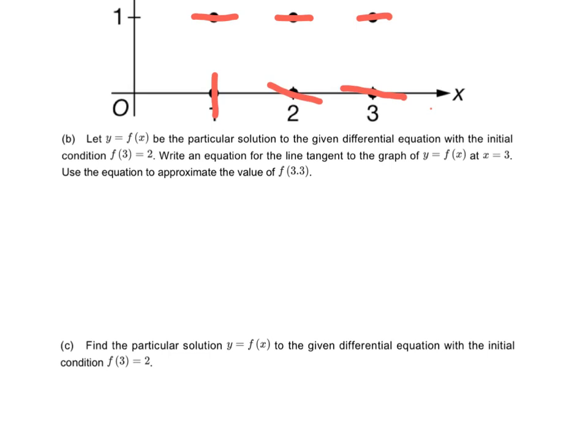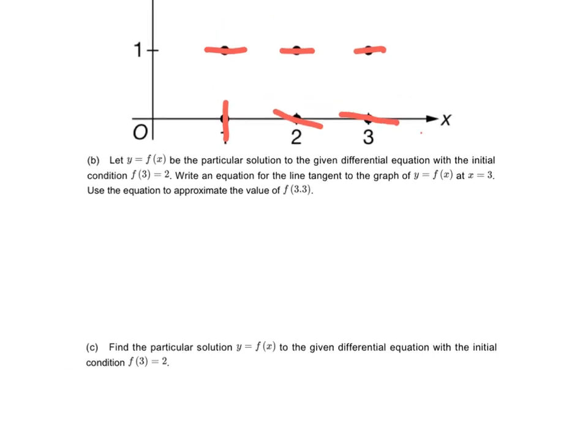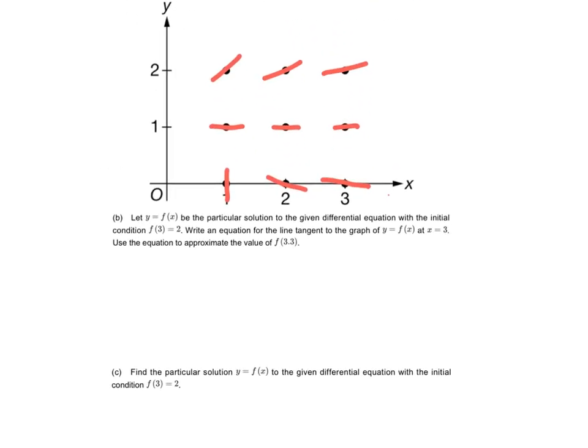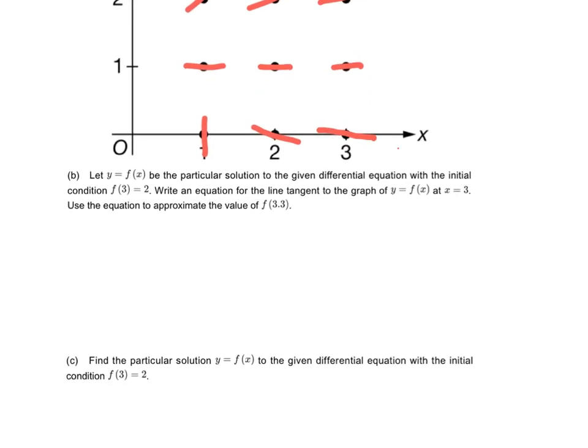Okay, let y equals f of x be the particular solution to the differential equation with the initial condition f of 3 equals 2. Write an equation for the line tangent to the graph of y at x equals 3. Line tangent, okay. So we know at 3, f is 2, so the point is 3 comma 2.